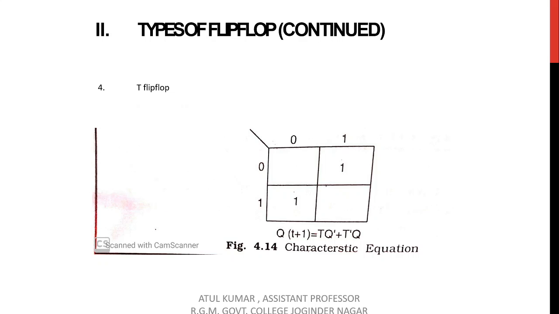So this one is the characteristic equation for the T flip flop. As we have seen, there are two ones and there is no pairing.